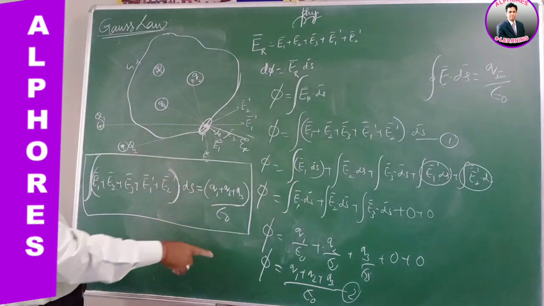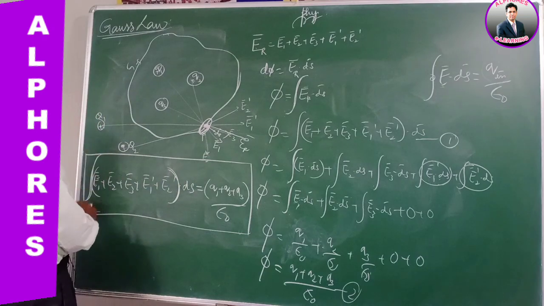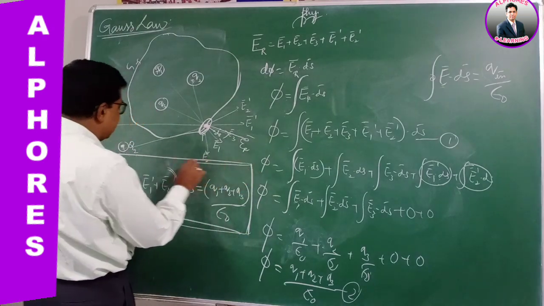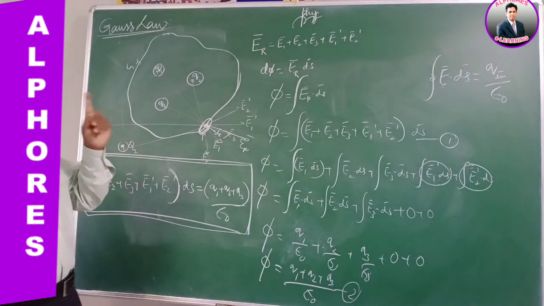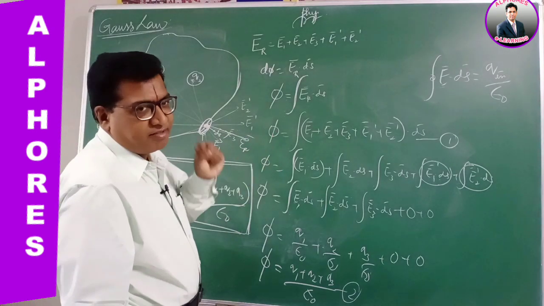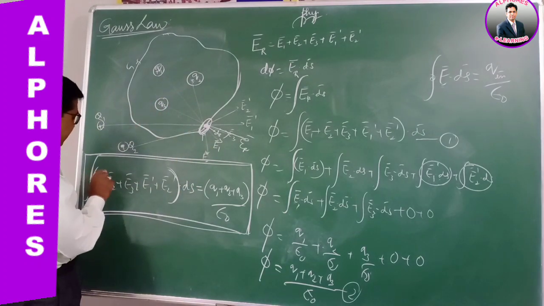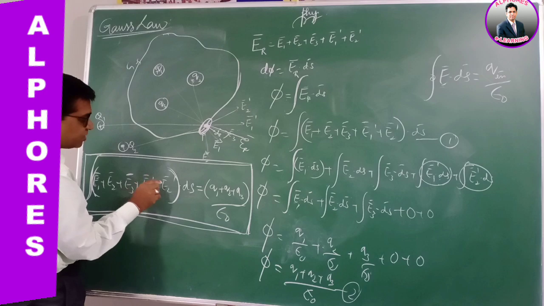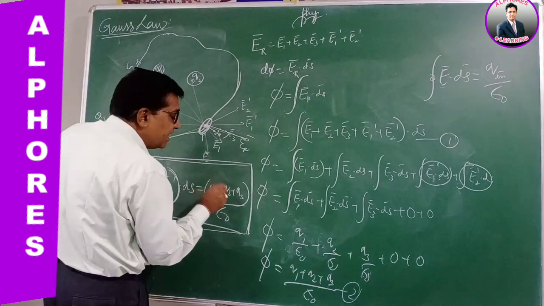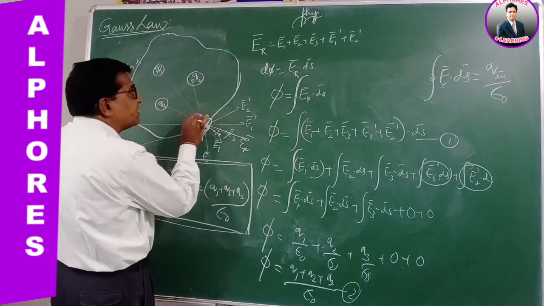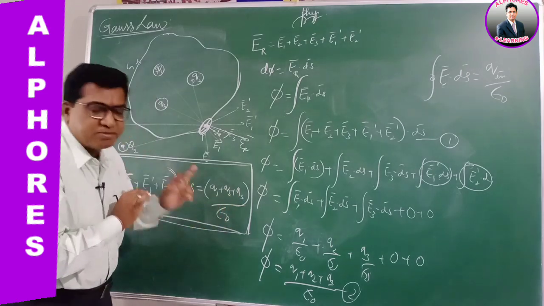So from equations 1 and 2, I write the explanation of Gauss law. The final statement for Gauss law is that the integral of the electric field due to all the charges present in the vicinity of the point, E1 bar plus E2 bar plus E3 bar, E1 dash bar, E2 dash bar, dot ds, equals the net charge due only to the charges present inside the Gaussian surface, Q1 plus Q2 plus Q3, by epsilon naught.